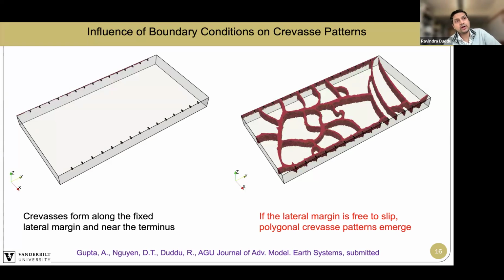Running the basal crevasses is always quite tricky because you have to figure out the floating of the ice, where the ice will float, and then how the water will go into the cracks. So it has always been a tricky exercise for us to simulate, and I don't have any 3D simulations of basal crevasses.